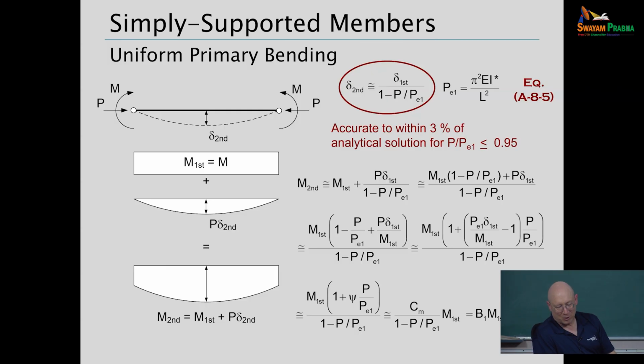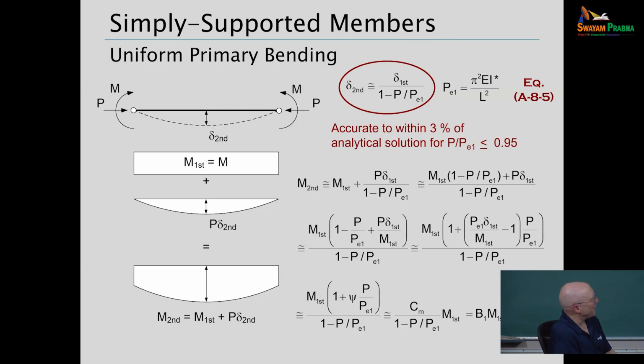And the term in parentheses in the numerator, in AISC we call that term C subscript M. And the term in the denominator, again, that's 1 minus P over PE1. So that term in front of the M first, that's our B1 amplifier.